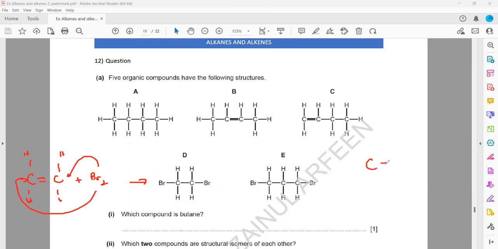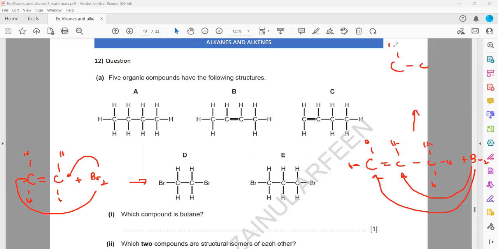For example, if we had propene, and the propene reacted with bromine Br2, one bromine is added to the first carbon and the second to the second carbon. So the product which should form when this reaction occurs has bromine added to the first two carbons. But here it's written first and third.